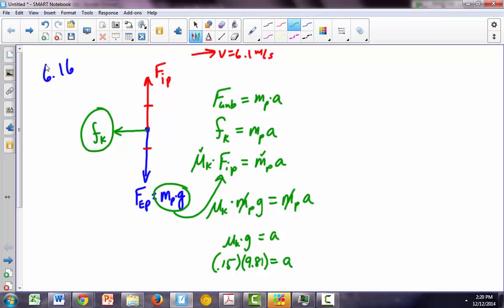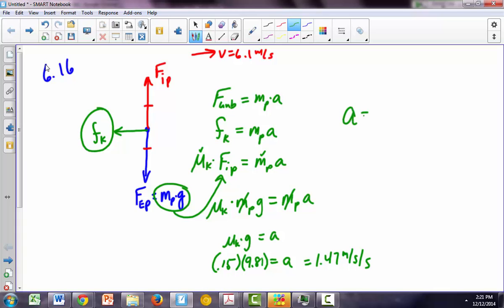Let's see what that number works out to be. Here's my calculator. 15% of 9.81 is 1.47 meters per second per second.